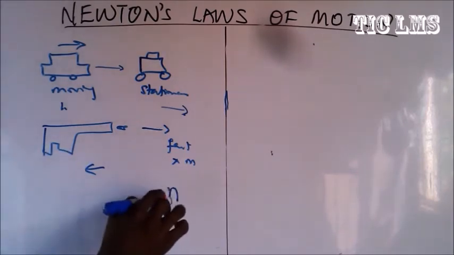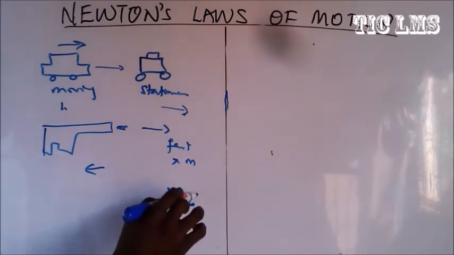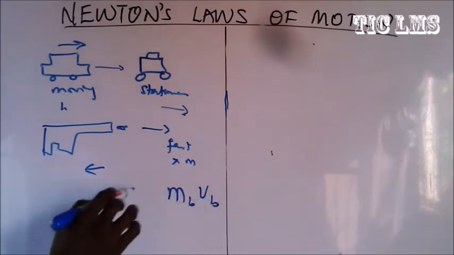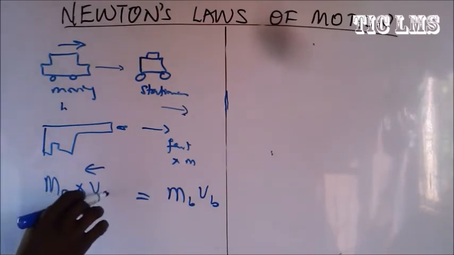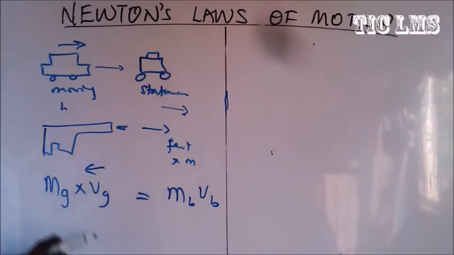So the momentum of the bullet, which is mb vb, is equal to the momentum of the gun, which is mg vg. This means mass times velocity, and here is mass times velocity. Now this brings us to what we know as the law of conservation of momentum.